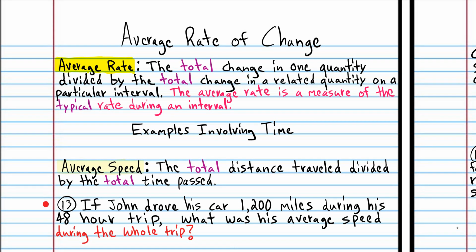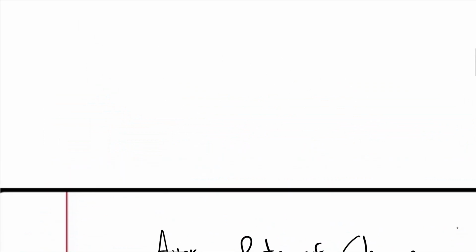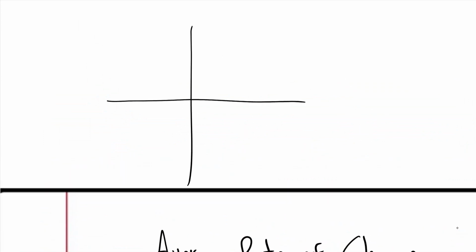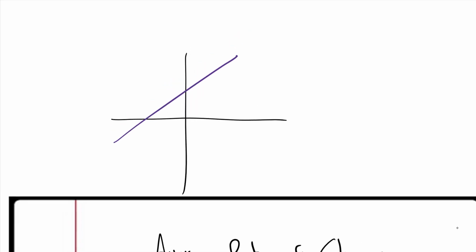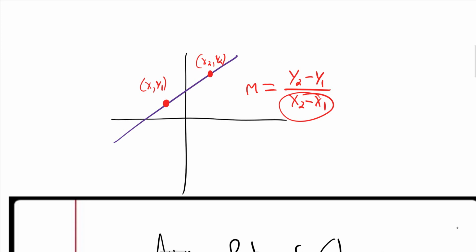So an example of this is the slope of a line. Remember, in my beginning algebra course, we graphed lines, and if you choose 2 points on the line with coordinates x1, y1, and x2, y2, the slope is a measure of how steep the line is, how fast y is changing with respect to the change in x.